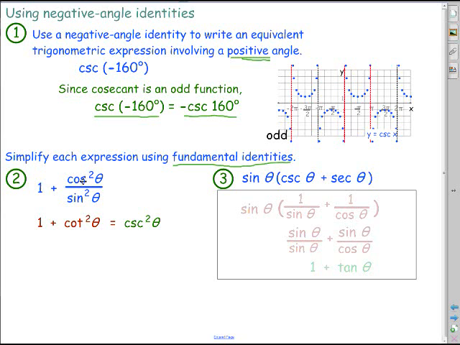So cosine squared theta over sine squared theta will be cotangent squared theta. So what did we use right here? We used a quotient identity.